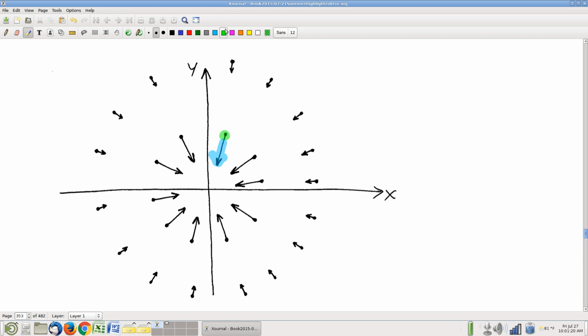Now, here's a different point, and notice I associate to that different point a different vector. It's not the same vector. Here's yet another different point, and at that point, I associate a fundamentally different vector. So anyway, that's what a vector field is.